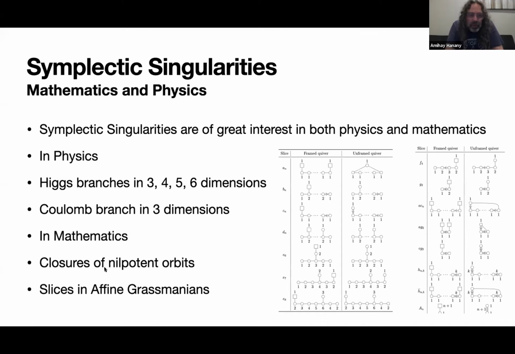They show up as closures of nilpotent orbits, which are quite intensively studied for several decades now. And in a more recent object as slices in the affine Grassmannian. And these are just a few applications. I'm not saying all of them, but those are just examples of where they show up in both physics and mathematics.